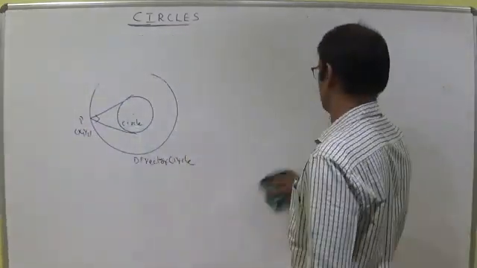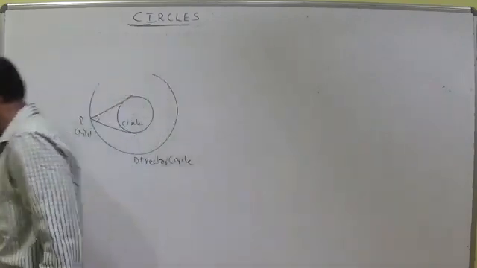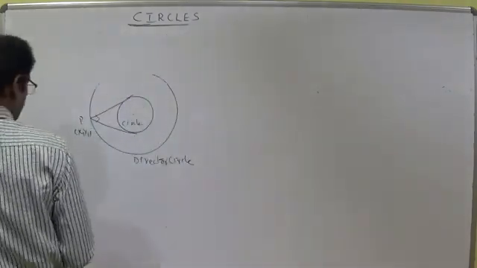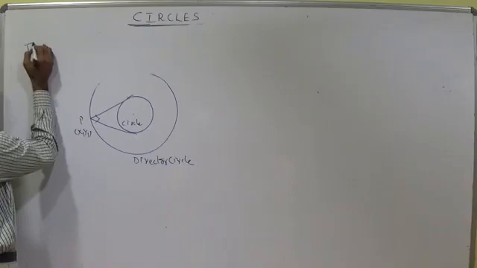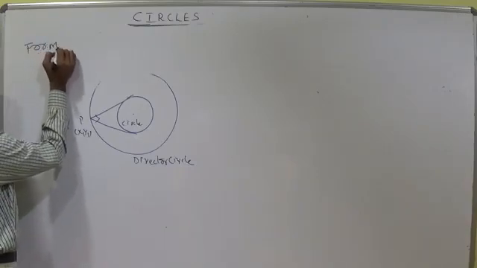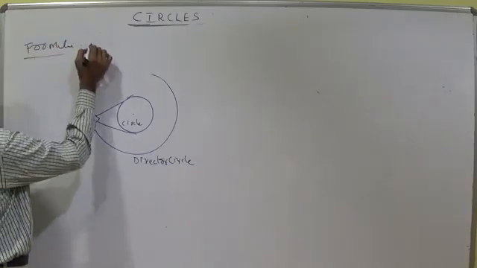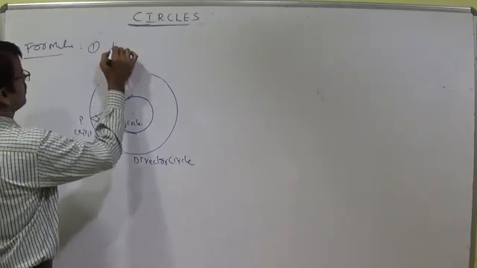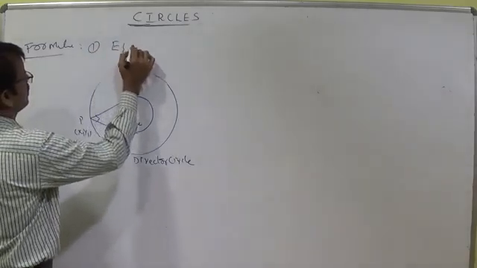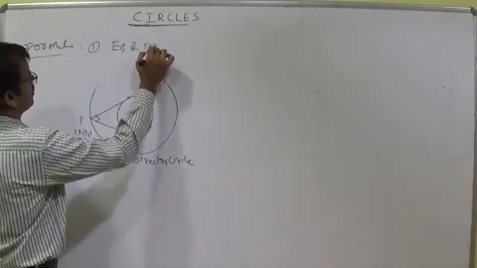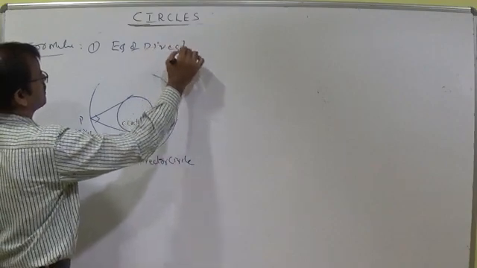Before going to discuss, you can write here: objective formulae, formula 1. In level 1, 15, 16, 17 questions are there.